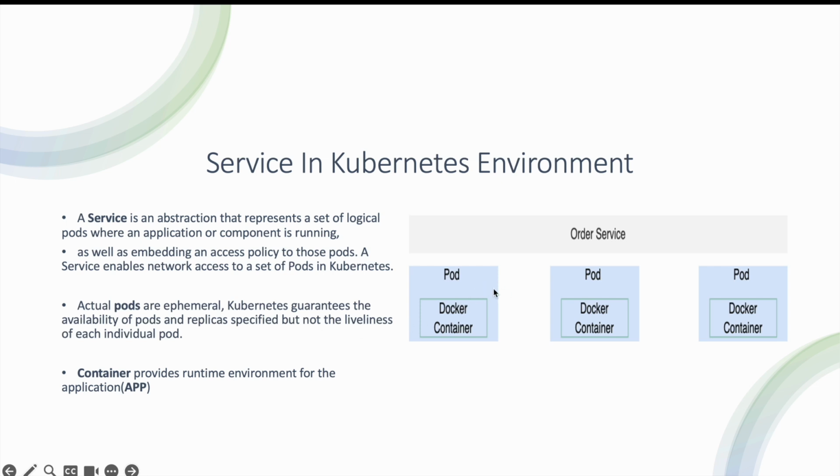So if you have 3 pods in this case and one of the pods goes down, Kubernetes ensures that another pod of the order microservice is spun up immediately if the number of replicas defined earlier was 3. That is where Kubernetes helps here, right? So this is the relation between the service, pod, and the Docker container in the Kubernetes environment.